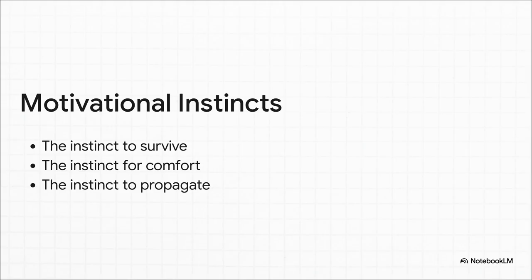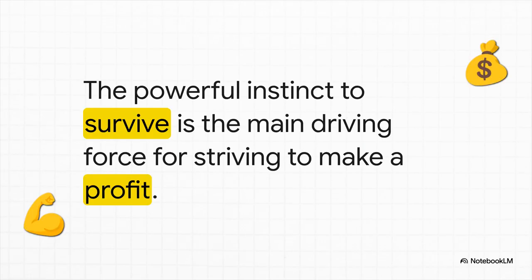It's pretty well accepted that we're all born with three main drives: the instinct to survive, the need for comfort, and of course, the instinct to propagate. And out of those three, survival is without a doubt the big one. It's the king. Everything else comes second. And this is exactly where the hunt for profit comes into the picture. It's not just about getting rich. It's basically the modern version of our ancient need to find food and shelter, to secure the resources we need to survive.